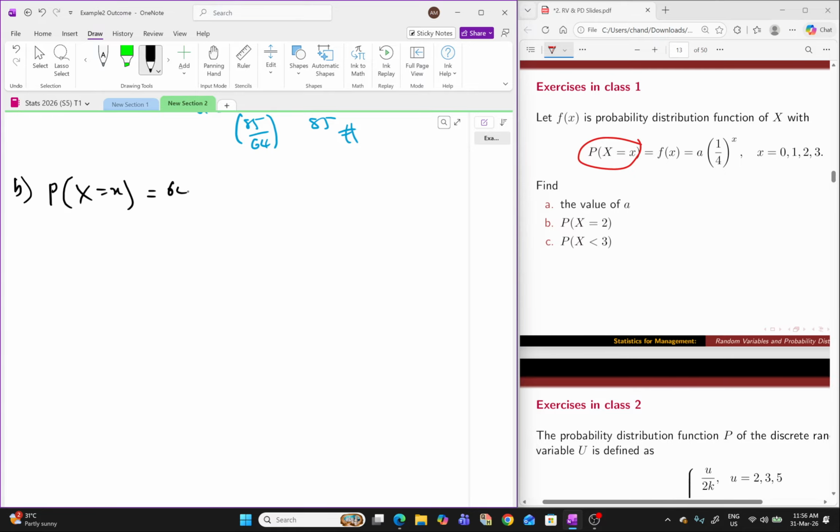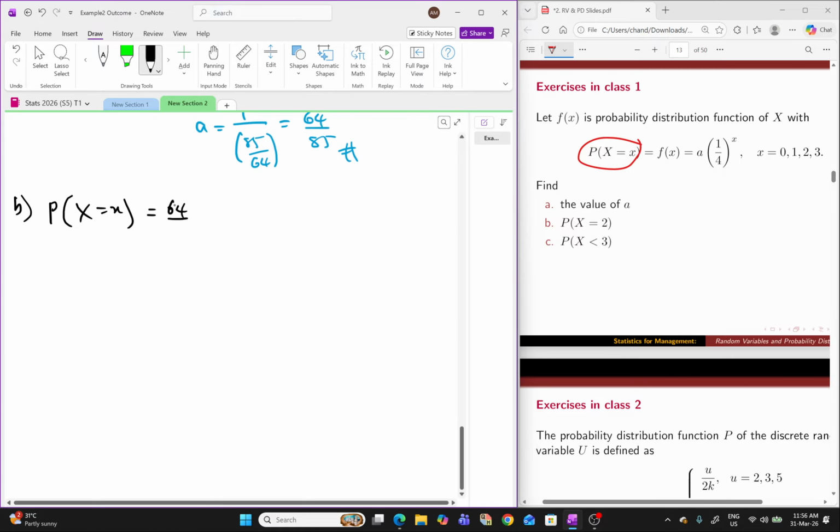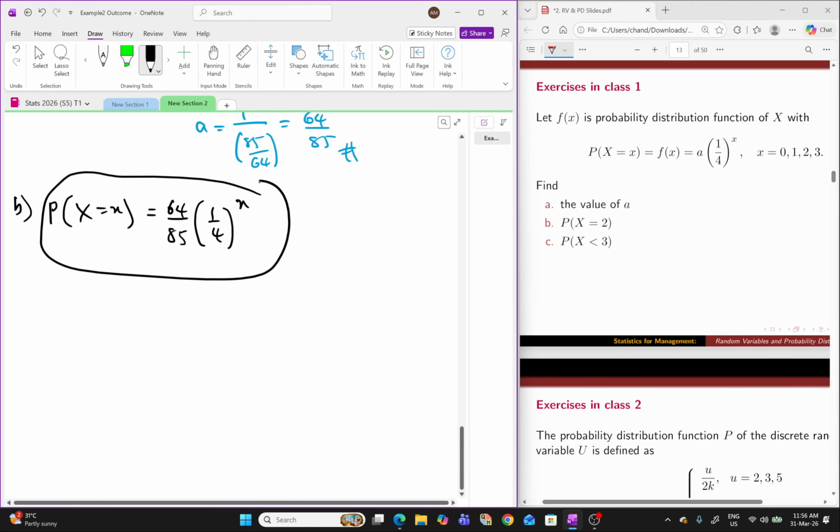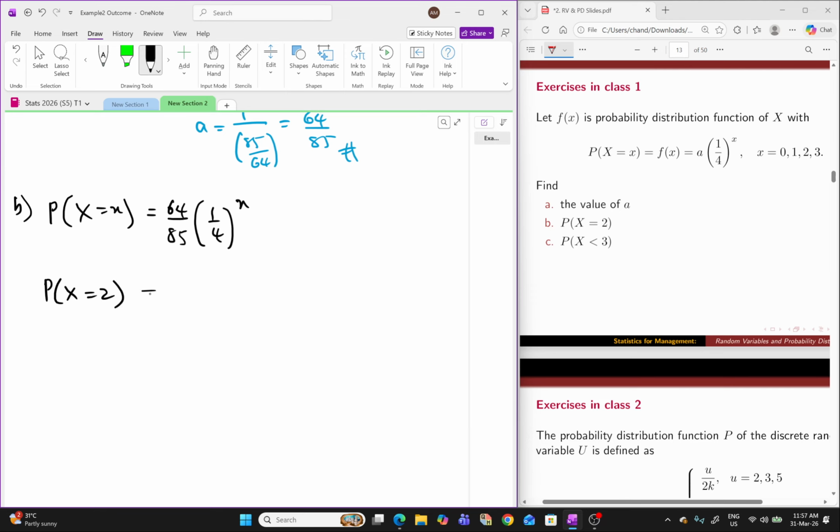What is A? 64 over 85. So instead of A here, you write 64 over 85 times 1 over 4 to the power x. So this is your function. Now if you want to find P(x equal to 2), you replace x with 2.